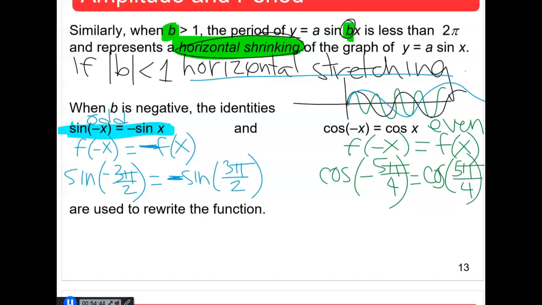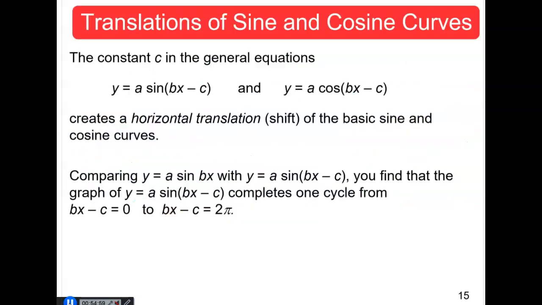So we could use that identity to help ourselves and replace things to make them simpler. So of course, cosine of negative x, you could just use cosine of x to rewrite. Remember, identities are used to rewrite functions.